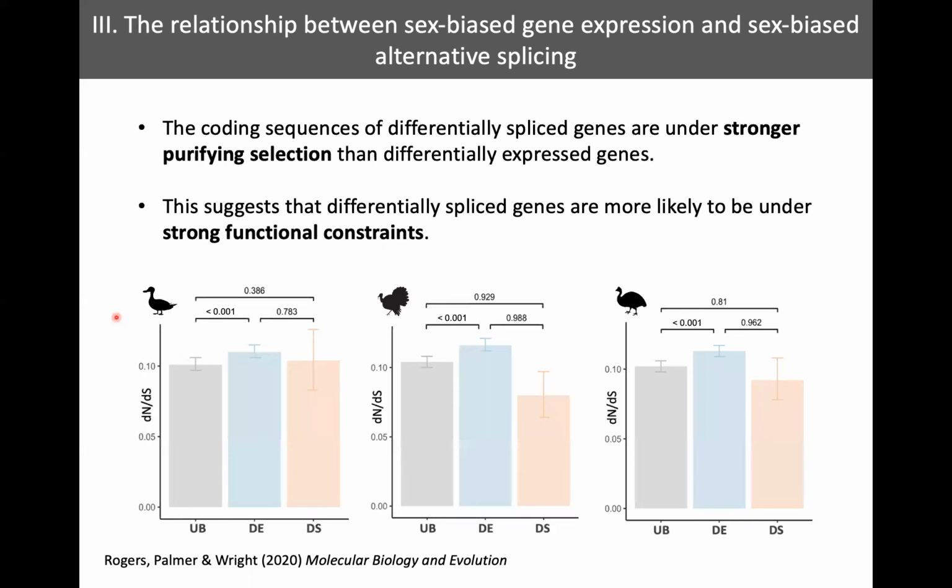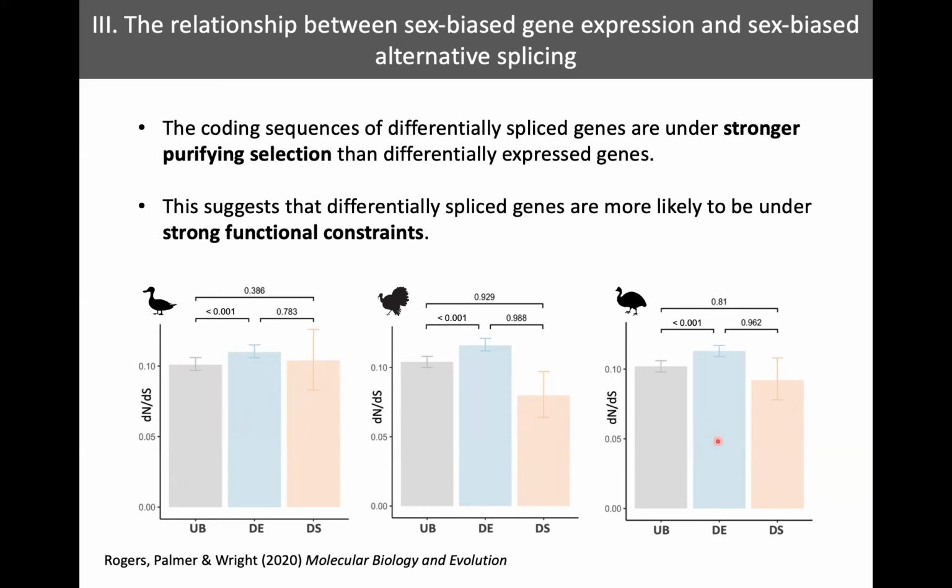In addition to this, we looked at the rates of coding sequence evolution of differentially spliced and differentially expressed genes, so dN/dS. Previous studies have shown that differentially expressed genes in these species have elevated rates of coding sequence evolution due to genetic drift.